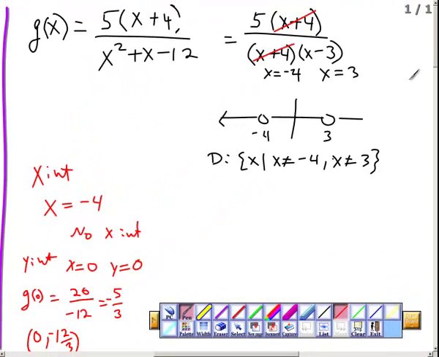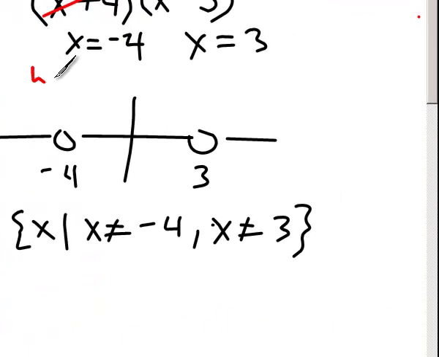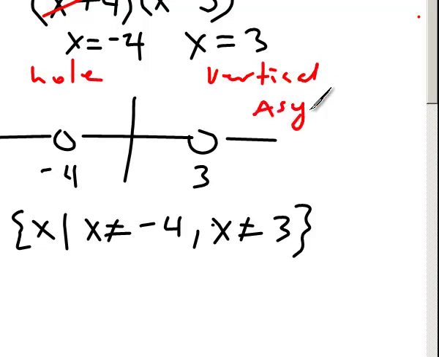So when you go to graph it, we have our vertical asymptote and we have a hole. This is going to be a hole here because it canceled. This will be a vertical asymptote here. But we have to include both of them in our domain.